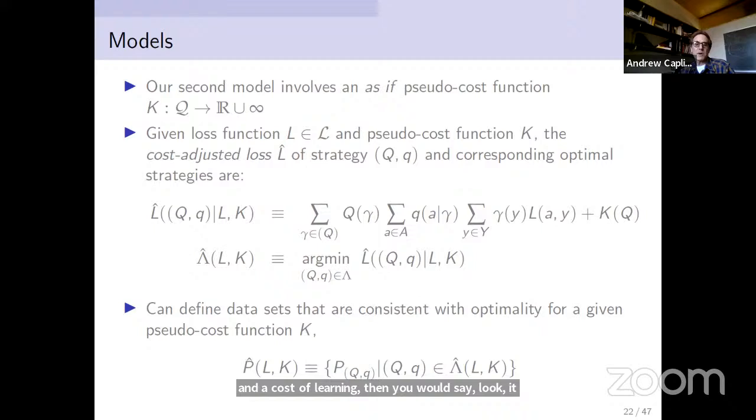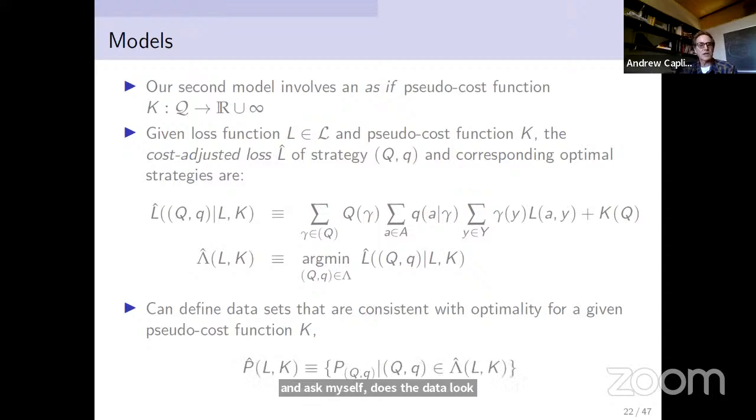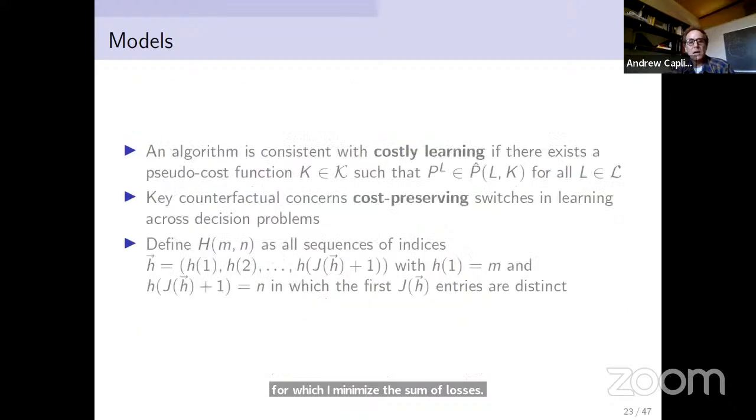And so what I should be doing is minimizing the sum of the expected losses from the learning plus the cost of the learning itself. That will give me a set of optimal strategies from which I can press out the data and ask myself, does the data look like there's some cost function for which I minimize the sum of losses, both direct and indirect? And it's consistent with costly learning if we can find such a cost function.